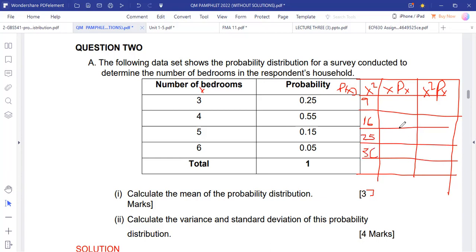Okay. And how do we get this column? We are multiplying x by p(x). What are we getting here? Which is 3 by the first one, 0.75.